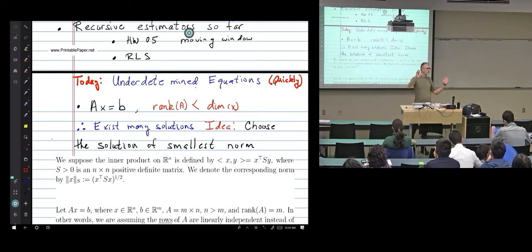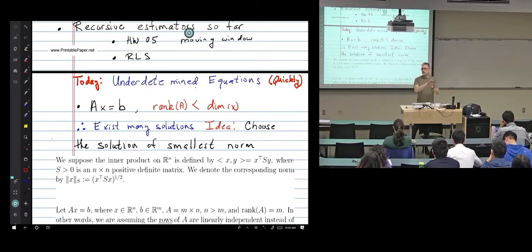And so I'm going to give you the magic formula for solving for X that has the smallest norm amongst all solutions. So this will be like when I gave you the magic formula for the overdetermined based upon my undergraduate regression handout, and then we derived it using the normal equations.